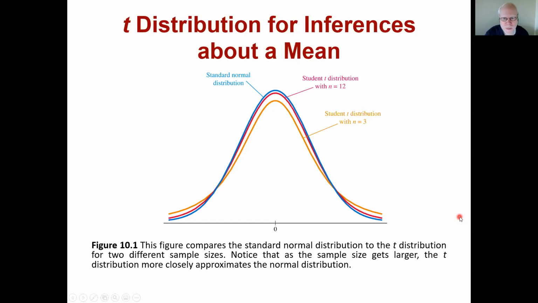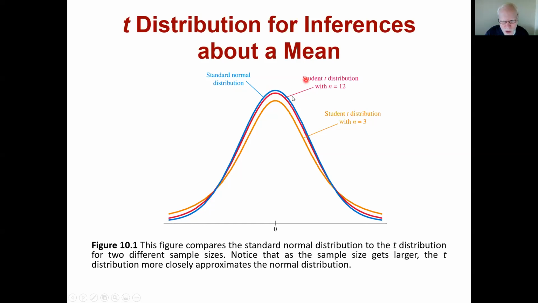So here's a comparison between a couple of student T distributions and a normal distribution. This is meant to be your normal distribution, and a couple of student T distributions, so we can think of it as the distribution of sample means in different cases. Here we've got the standard normal distribution in blue.